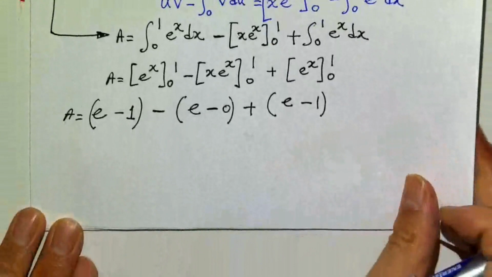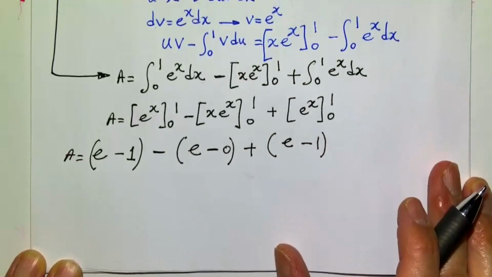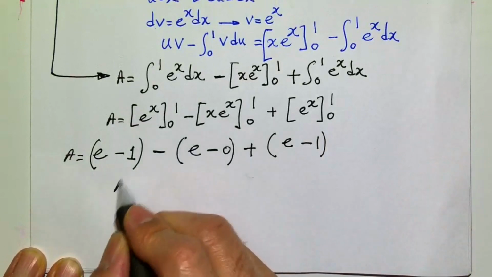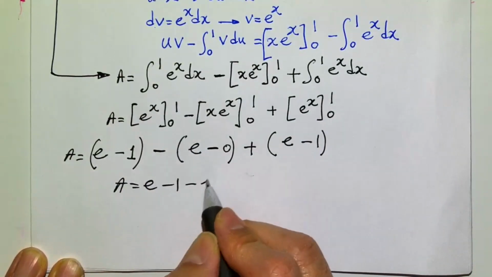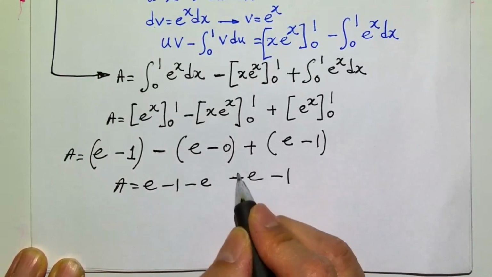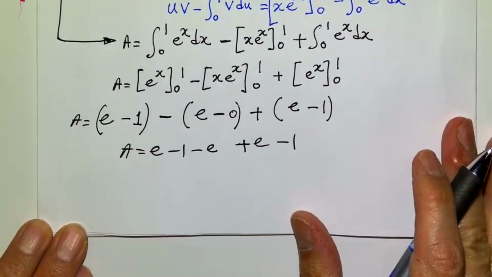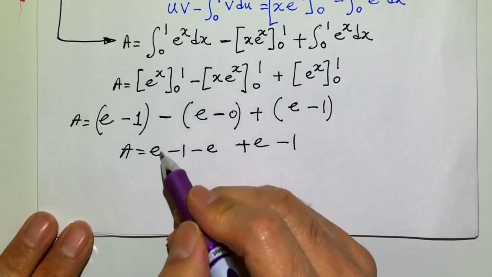Okay. All right. So what do we get? Let me bring this down a little bit. A equals e minus 1 minus e plus e minus 1. And so this e and this e cancel each other out.